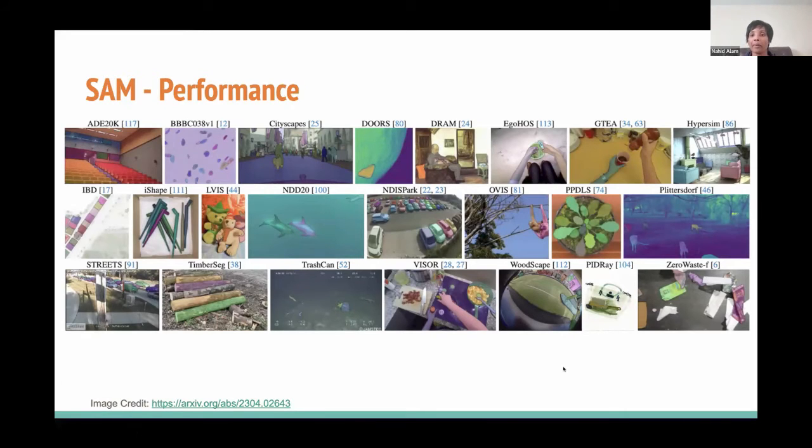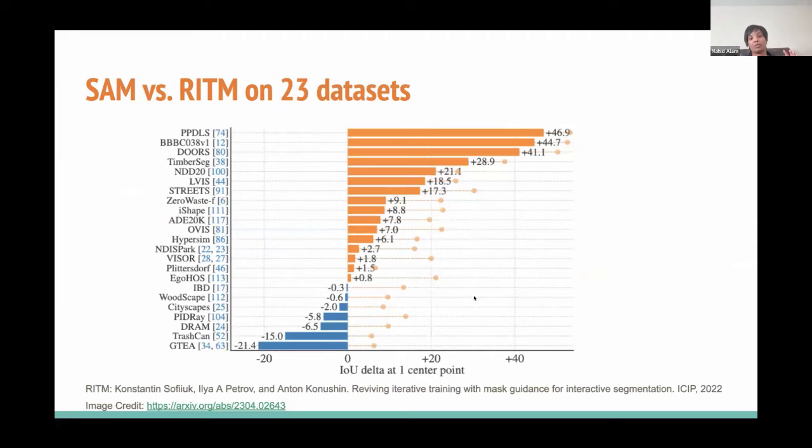In terms of actual numbers, what they did was compare SAM versus RITM. I think when the SAM paper was published, RITM was the SOTA on segmentation.